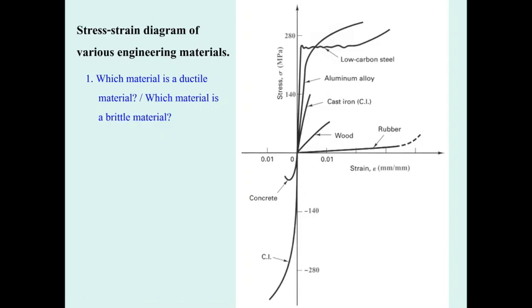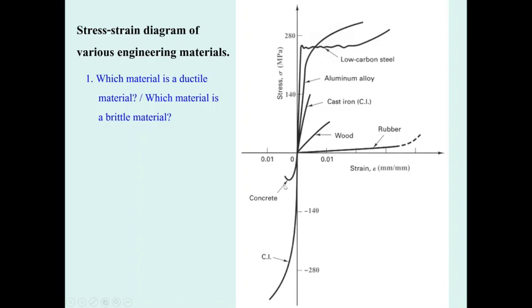And there are some questions. For some more important questions, which material is a ductile material? Which material is the brittle material? Okay, go back to what I was talking about, the concrete. The concrete can take very small tension. So the concrete in tension is a very brittle material.